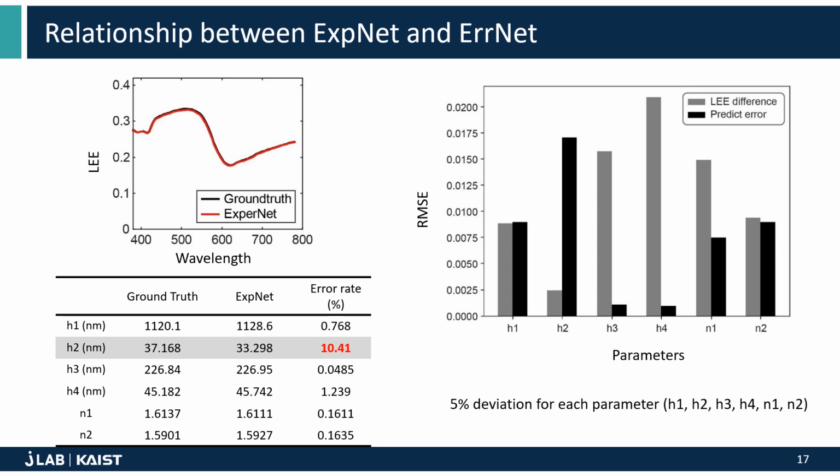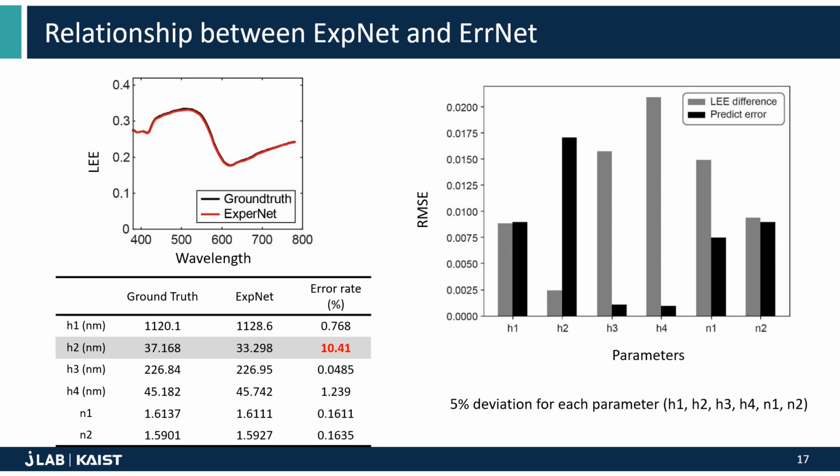To validate this observation, we conducted a sensitivity analysis. Each structure parameter was varied by 5%, and we measured the resulting change in LEE. The graph on the right shows this result. As we can see, the change in LEE is relatively small when H2 is perturbed, indicating that H2 has minimal influence on the optical response.